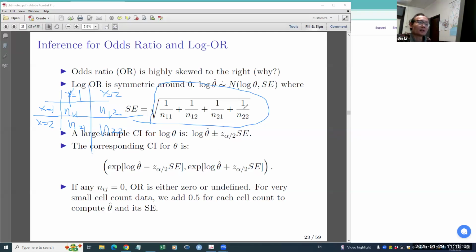You may ask, this standard error seems very simple, how do we get that? It's not difficult.